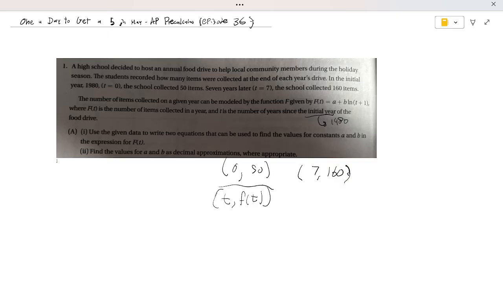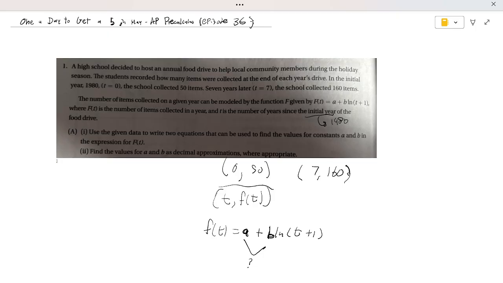Because we have (0, 50), and f of t is equal to a plus b natural log of t plus 1, let me just bold these. We want to know what those are.